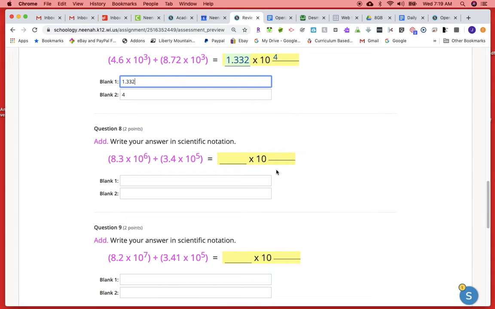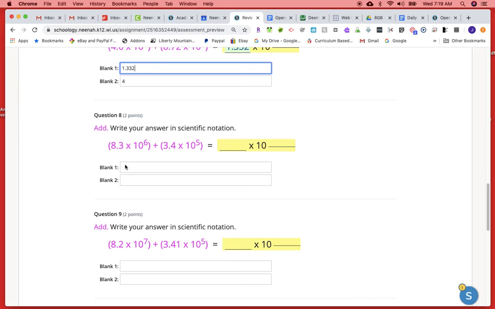All right. So our next one, in question number 8, write your answer in scientific notation. We're adding 8.3 times 10 to the 6th plus 3.4 times 10 to the 5th. This one we should notice we have different exponents. We have a 6 and a 5.